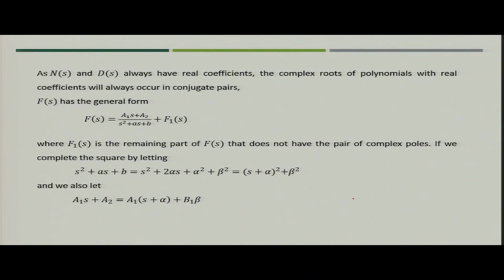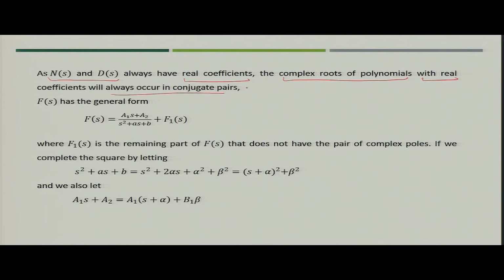How will we solve it? Let us take one simple example, so that you can understand how we can proceed for this kind of condition. N(s) and D(s) always have real coefficients, so the complex roots of a polynomial with real coefficients will always occur in conjugate pairs.